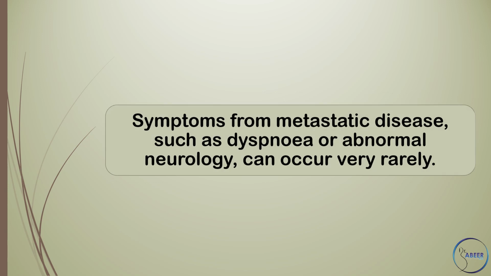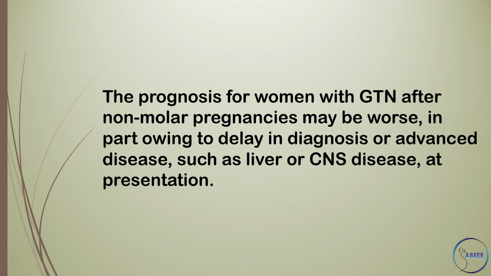Symptoms from metastatic disease such as dyspnea or abnormal neurology can occur very rarely. The prognosis for women with gestational trophoblastic neoplasia after non-molar pregnancies may be worse, in part owing to delay in diagnosis or advanced disease such as liver or central nervous system disease at presentation.